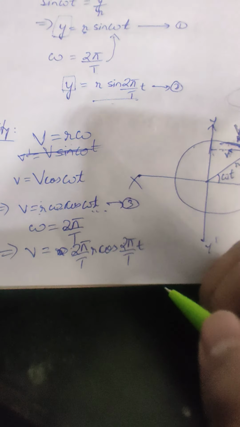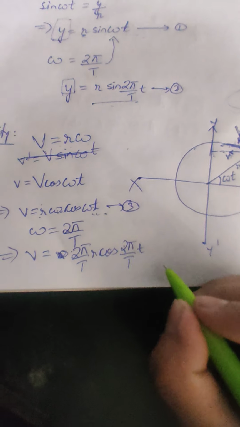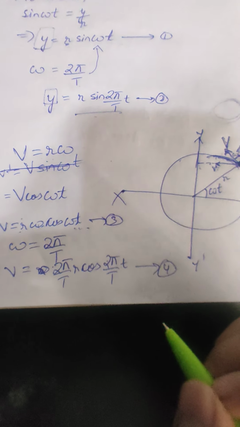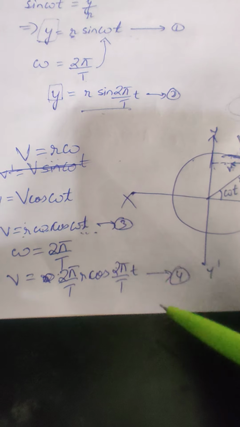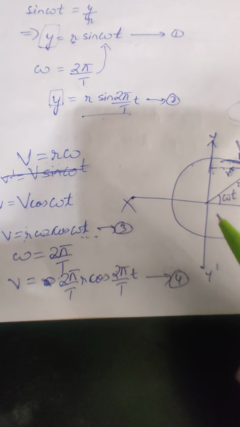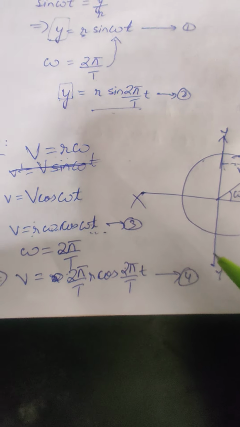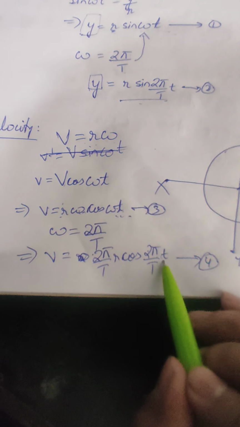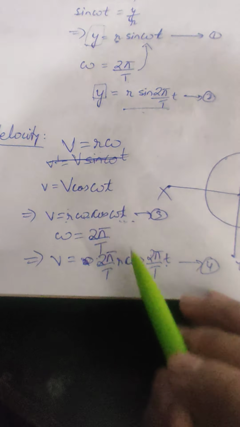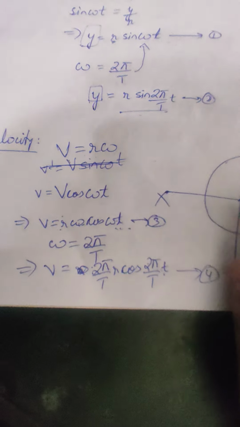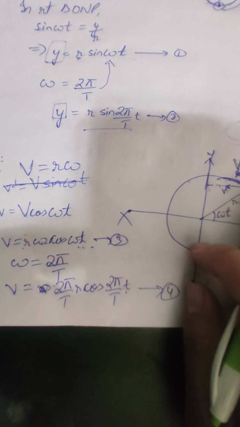We'll call this equation 4. So these two equations, equation 3 and 4, give the velocity of simple harmonic motion at any time t. Either one of them can be used to solve for the velocity of simple harmonic motion.